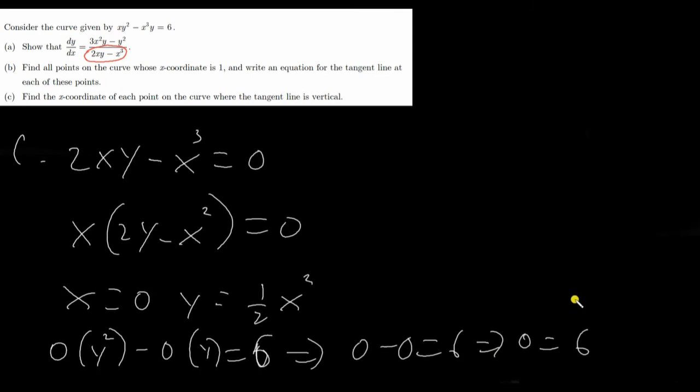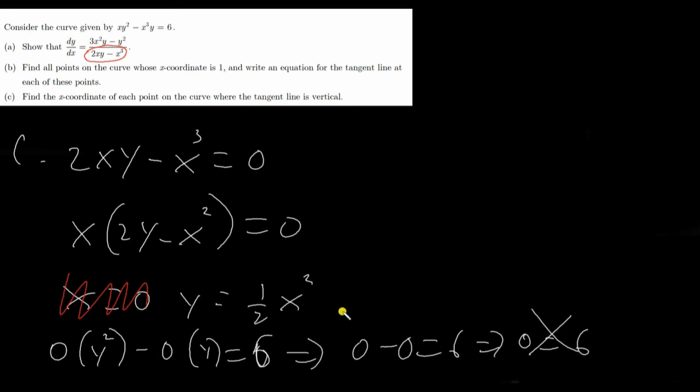And does 0 equal 6? Well, I don't think it does. So that means there's no y coordinate where x is equal to 0. So x equals 0 is not a valid solution, because whenever x is 0, there's not a corresponding y value on the curve at all. We can cross that off the list.